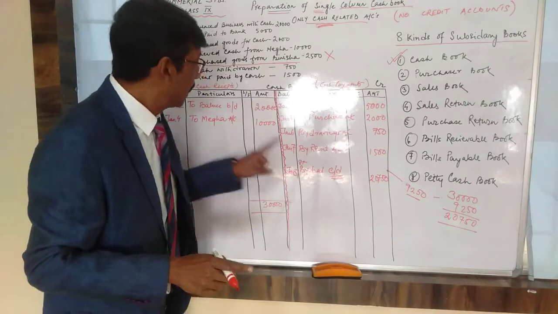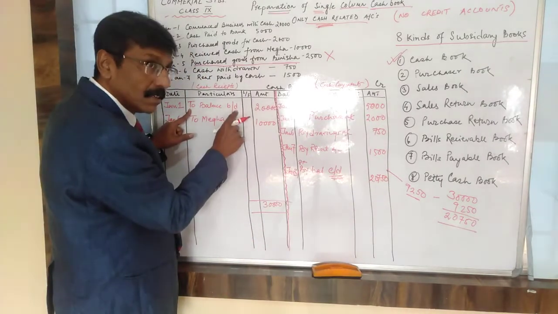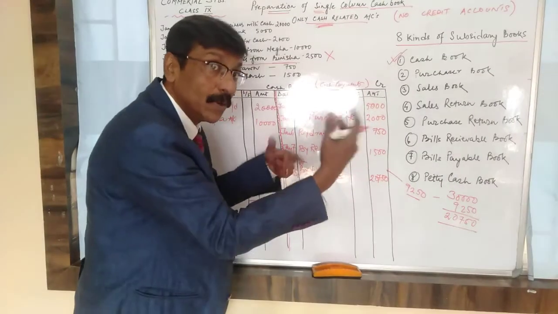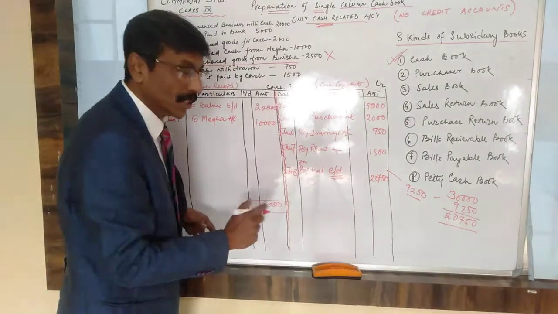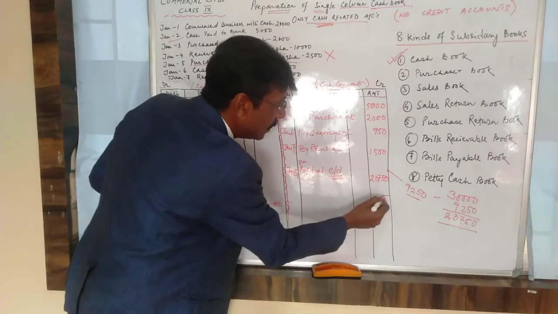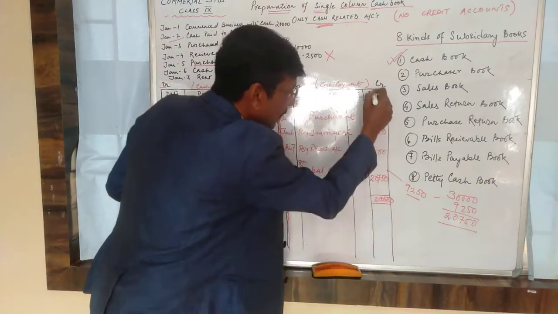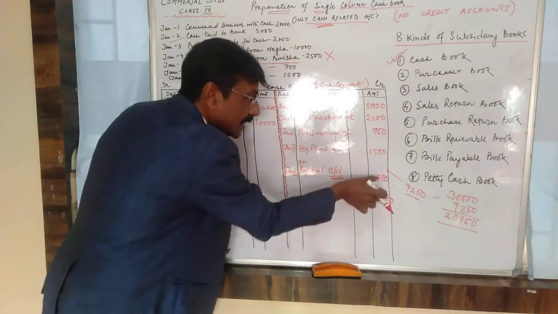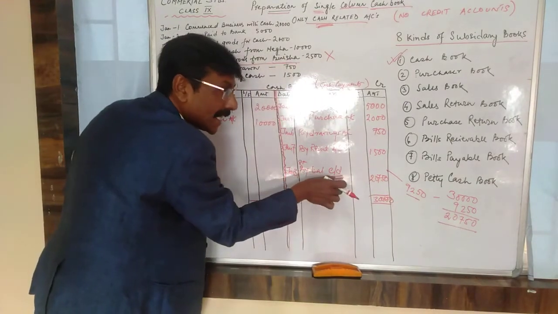Here we started with balance brought down. Here balance carried down. Carried down where? Carried down to the next month. I will show you. So here the difference you will write as balance carried down, and you will total this as 30,000. Now this side is also 30,000, this side is also 30,000. Both are tallied.